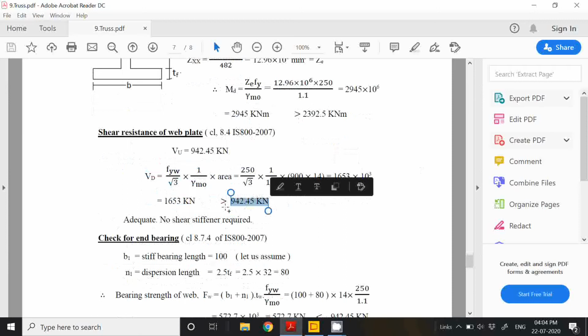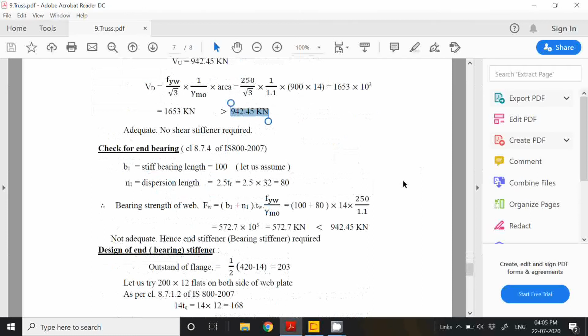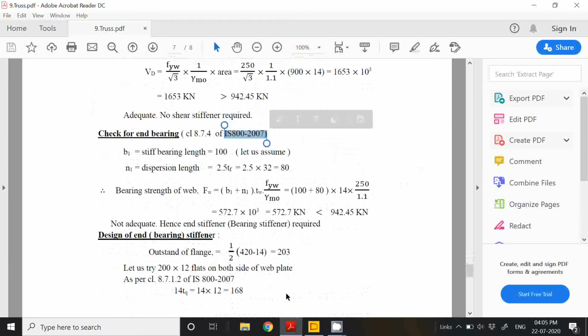And then we have to check for end bearing. End bearing is given in clause 8.7.4 of IS 800. Now, bearing, what is this dispersion length?